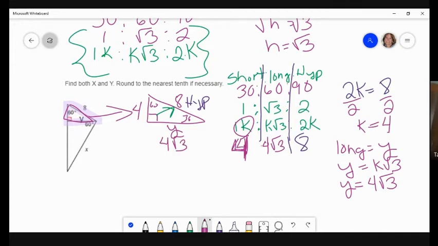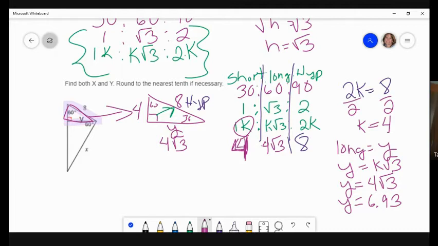Now, to get that decimal value, I have no clue. We've got to type that in. So we get 4 square root 3, which has a decimal value of 6.93. And I think on this one, we wanted just the tenths, so 6.9. So that's the decimal value.